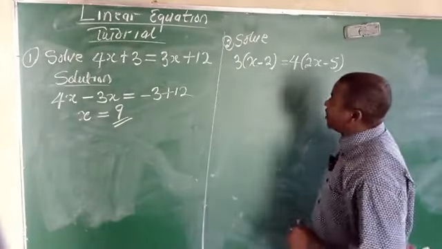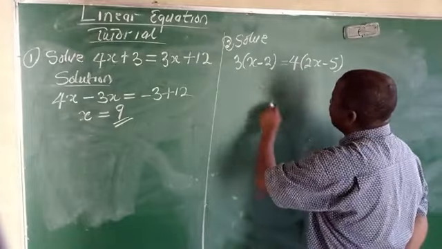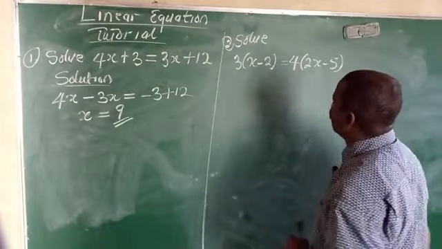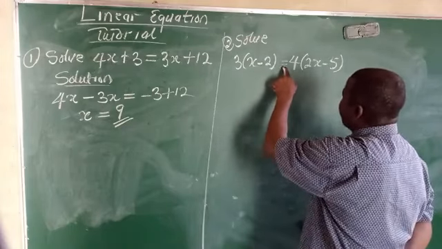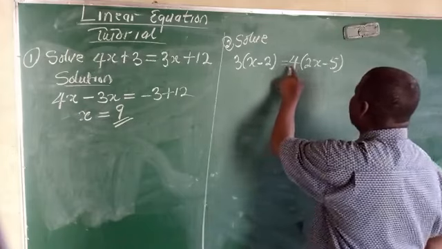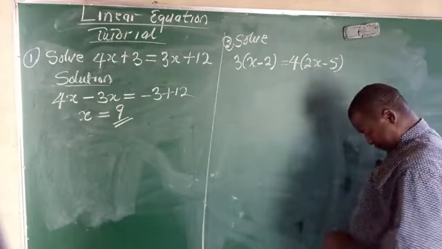Question 2 is saying that we should solve 3 into x minus 2 equal to 4 into 2x minus 5.